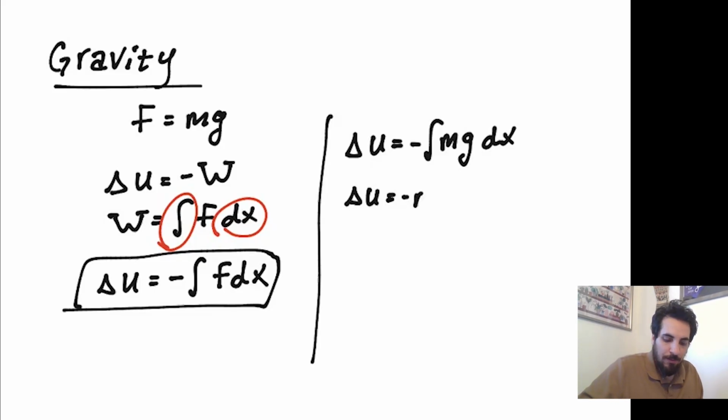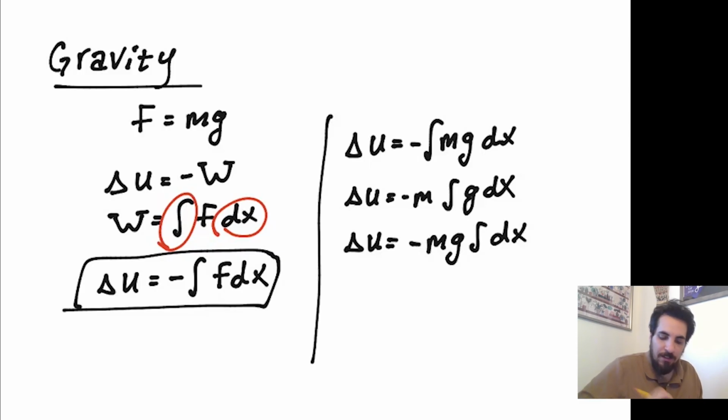Delta U is equal to negative m integral g dx. And that g value, well, as long as you stay near the Earth's surface, g is a constant as well, 9.8 meters per second squared. So we pull that out of the integral as well, and you get negative mg integral dx. And the integral of dx is easy. The integral of dx is just delta x.